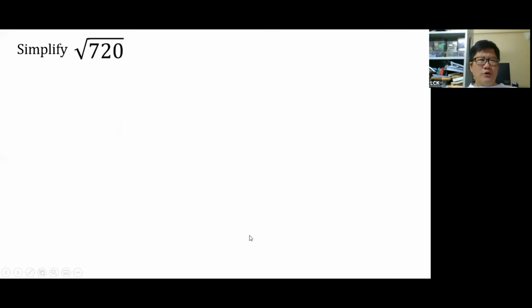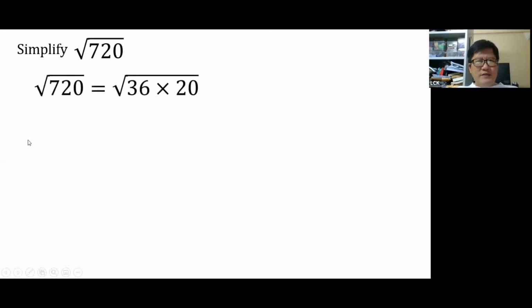Very simple. Okay, we are reaching the end of this. I want to give you many of these questions because I want to get you really familiar with this. You really have to get really fluent with this. So 720, that is 36 times 20. We've broken it up into two numbers, 36 times 20. And then we break it down into two surds: the square root of 36 times the square root of 20.